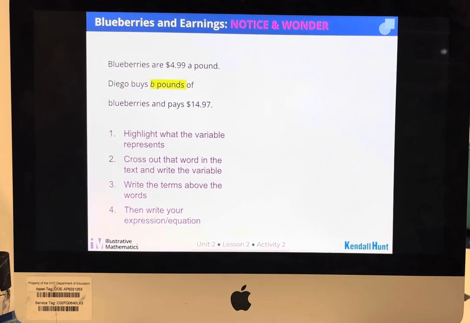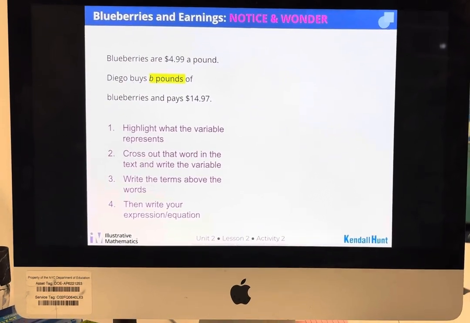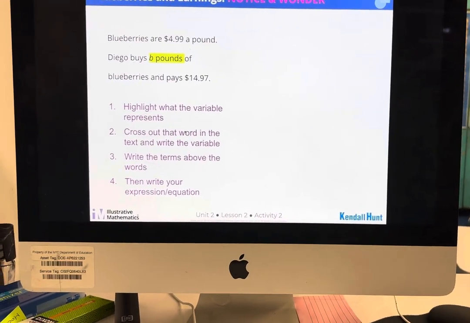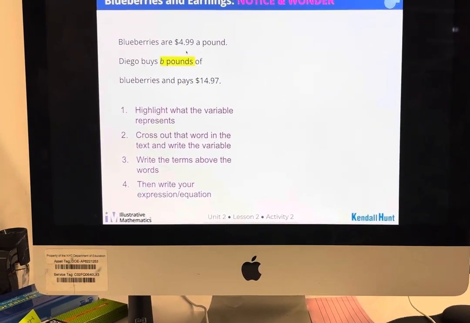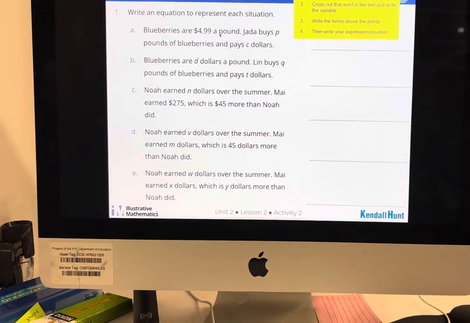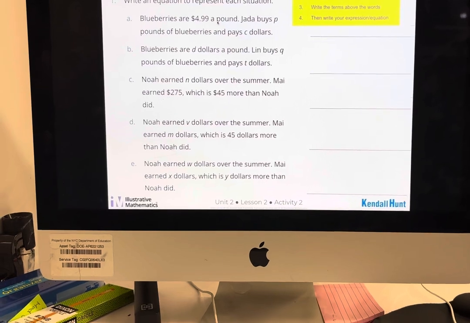That's step one. Step two, we're going to cross out that word in the text and write the variable beside it. Let's go back.